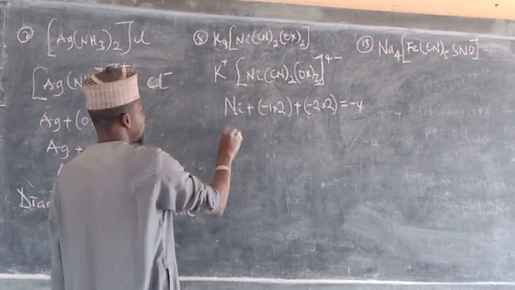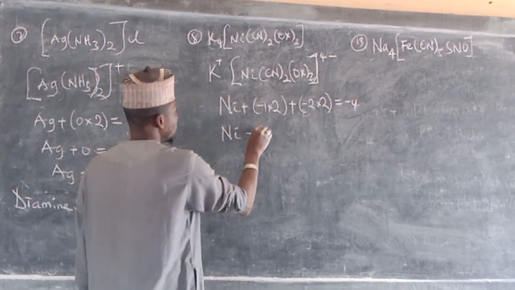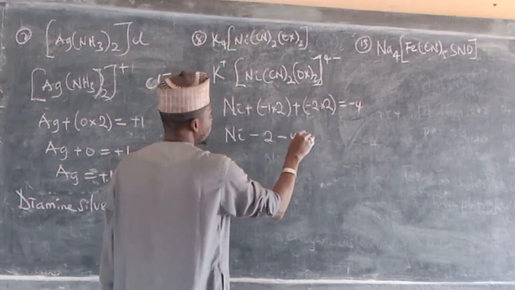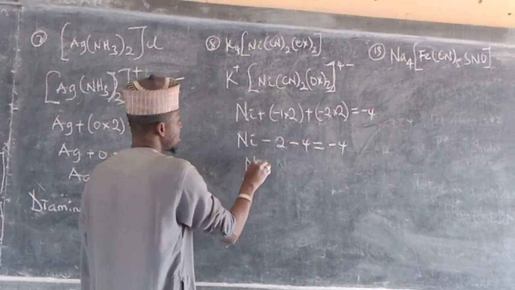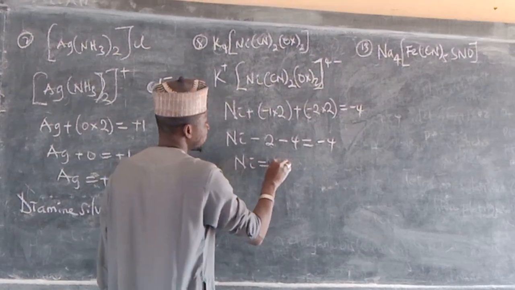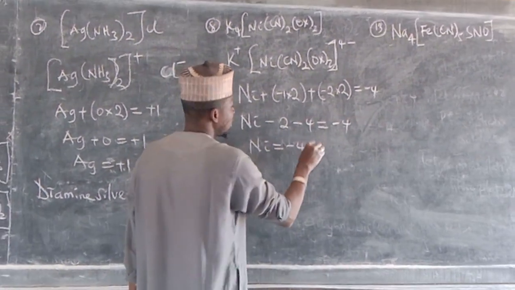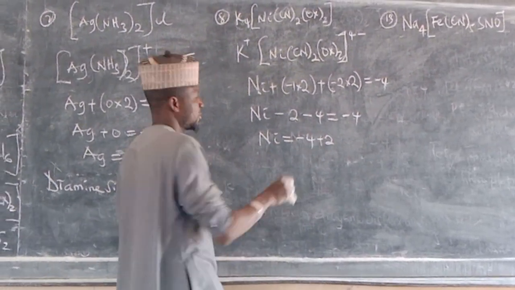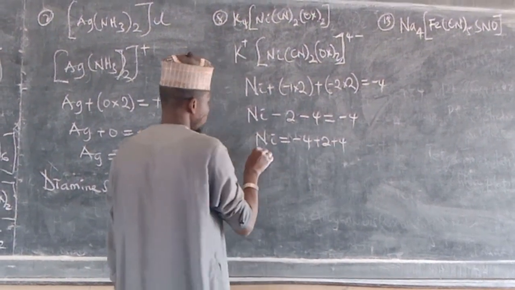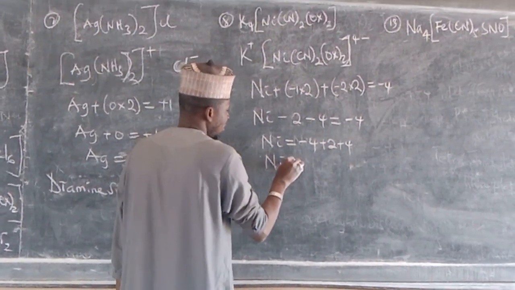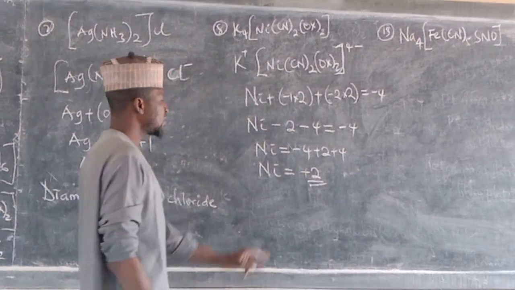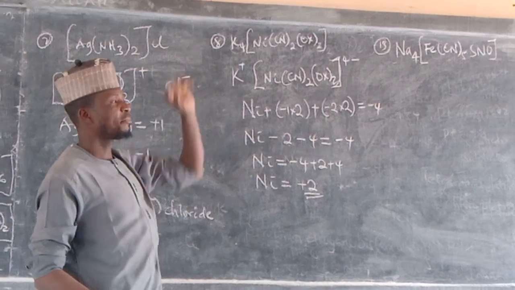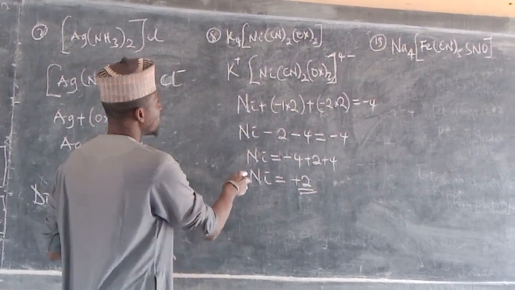So nickel minus 2 minus 4 is equal to minus 4. So nickel is equal to minus 4. When this one crosses the equality sign, it becomes plus. So nickel is now equal to plus 2. So the oxidation state of nickel now is plus 2.